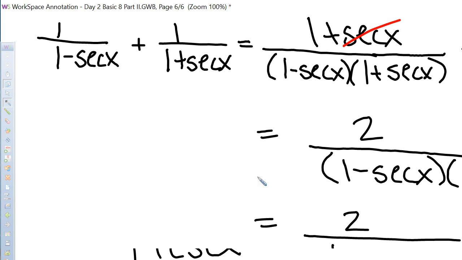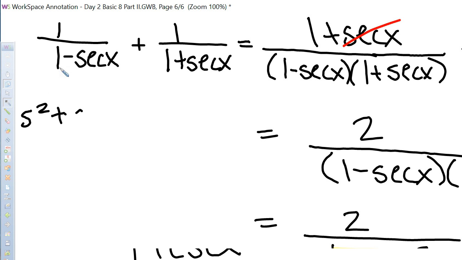One minus secant squared of x. And what should you be thinking when you see a 1 with a squared trig function? Yeah, it is a difference of squares, and we already had it in factor form here. But if you have a 1 with a squared trig, it's probably going to be a Pythagorean identity.